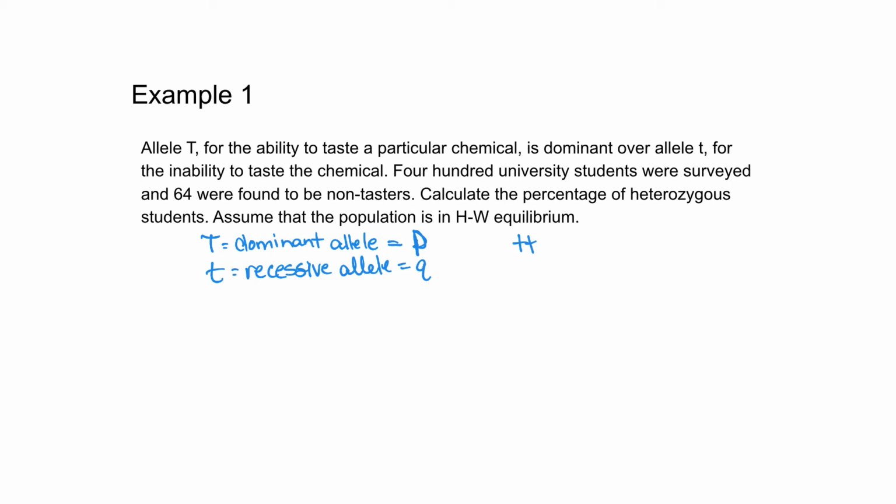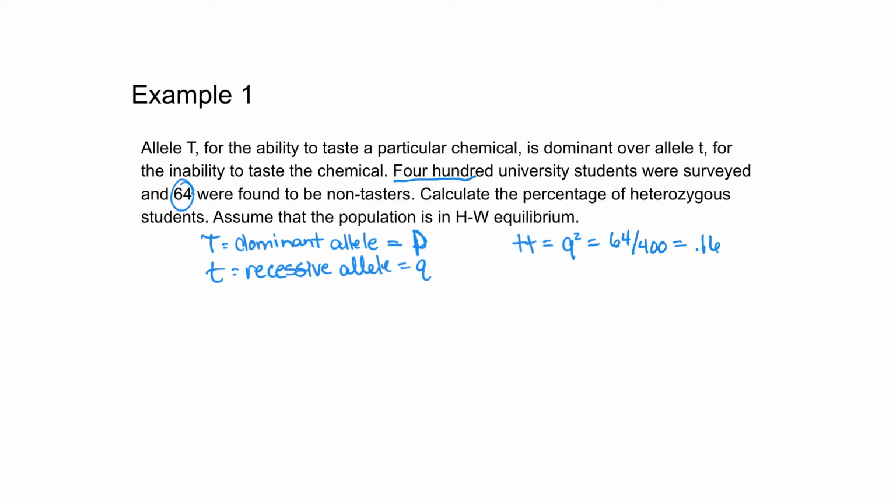And that also equals q², which up here it tells us that there's 64, and it's 64 out of 400. And so 64 out of 400 is going to be 0.16.